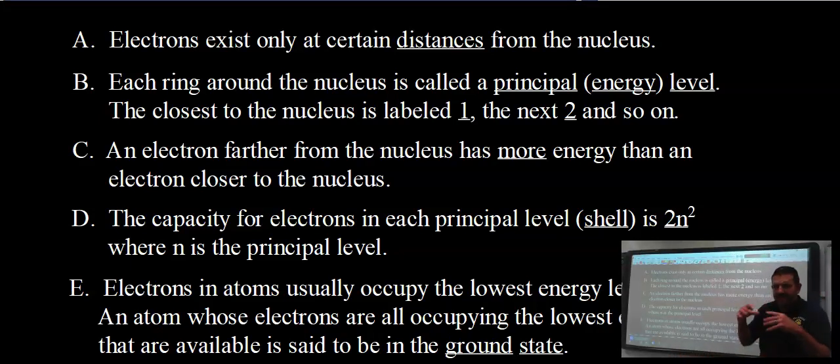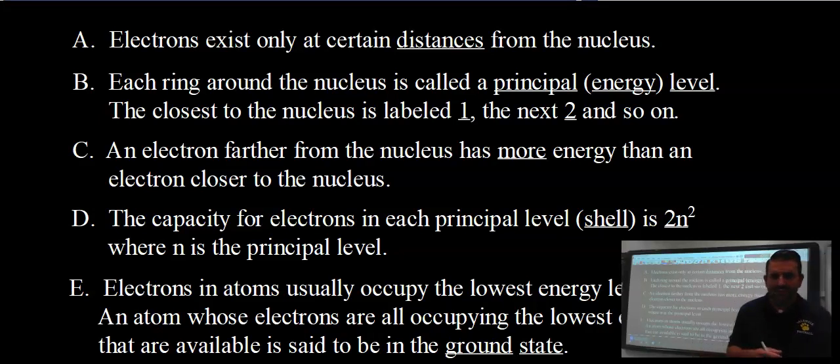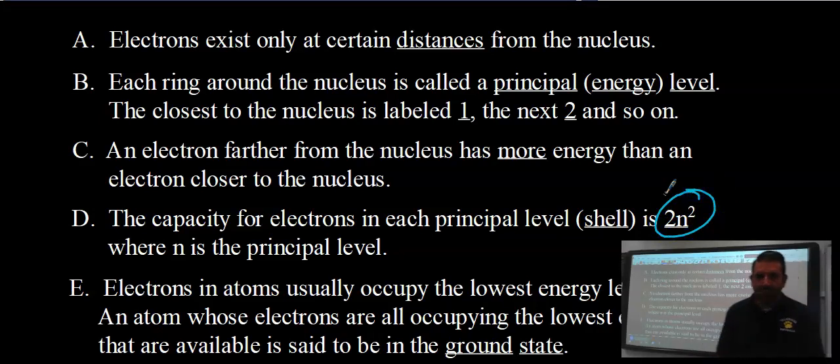Each of these rings, sometimes called shells, though we really call them energy levels, can hold only a certain maximum number of electrons. And we can determine that by 2n squared, where n is the principal number. So for example, how many electrons maximum can fit in the first energy level of any atom?